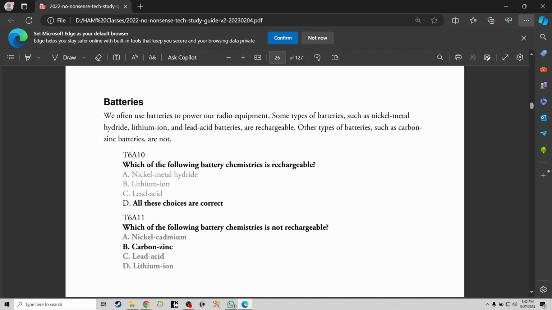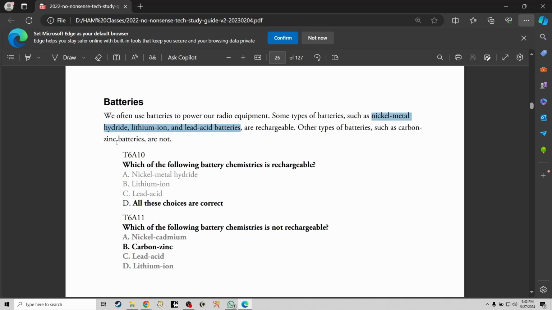So these batteries, your nickel, your lithium ion, and your lead acid, are rechargeable batteries. All right. The carbon zinc batteries are not.